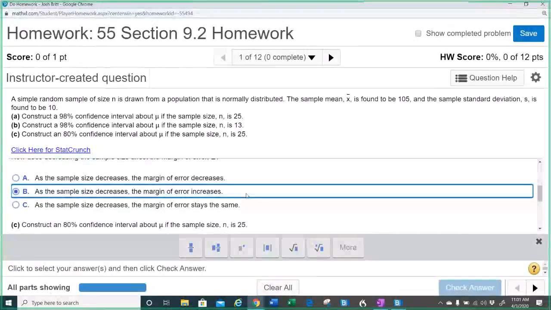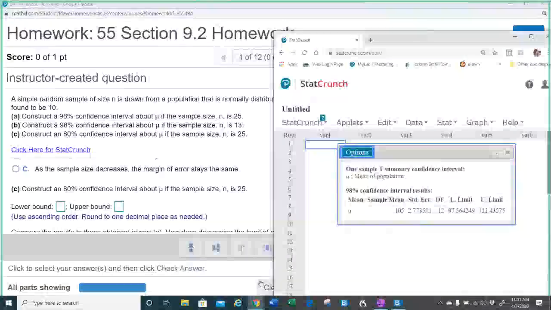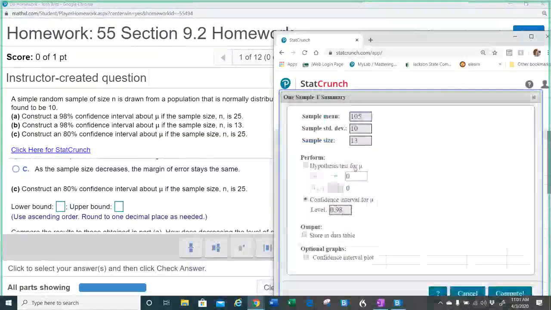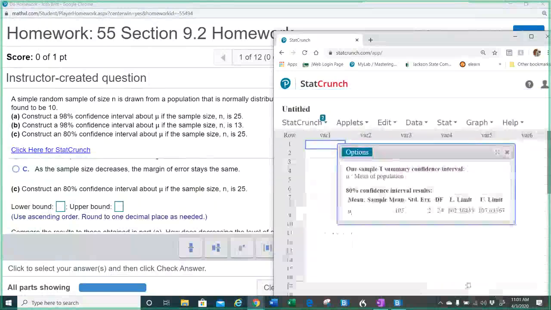All right. So let's change our confidence over here. So we're going to 80%. And sample size is 25. So this time we get 102.4 and 107.6.